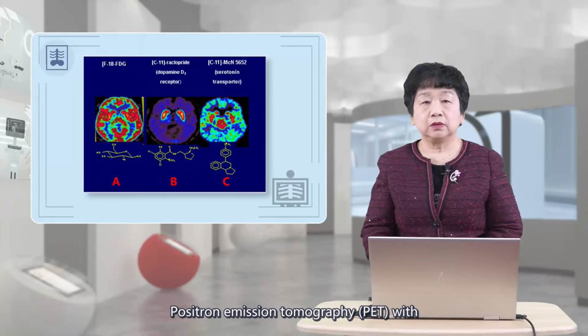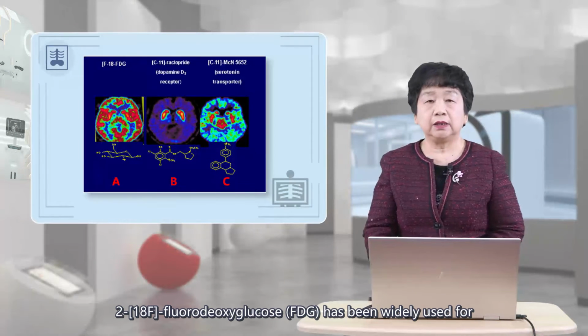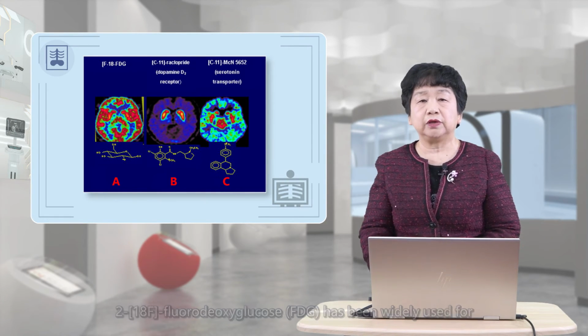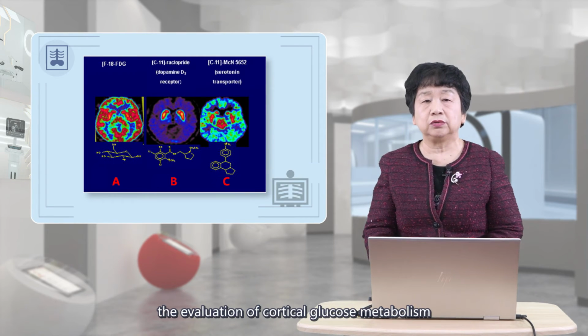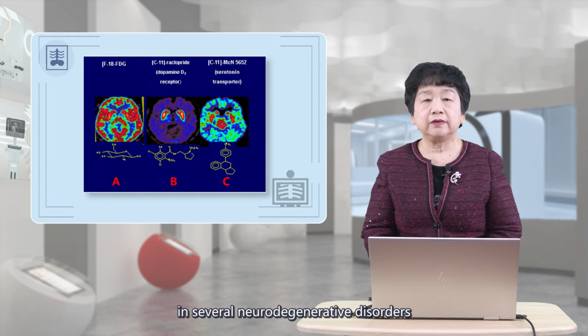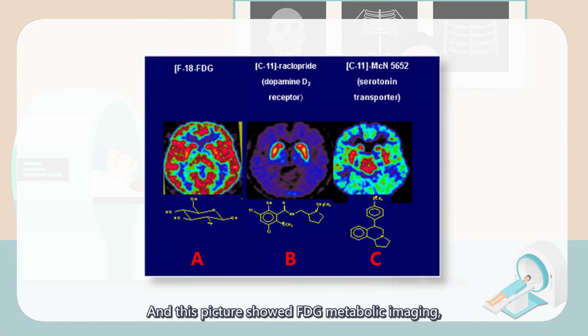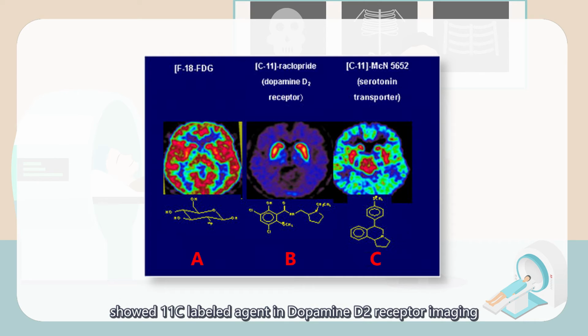And PET with F18-labeled FDG has been widely used for evaluation of glucose metabolism in several neurodegenerative disorders. This picture shows FDG metabolic imaging, along with carbon-11 imaging.